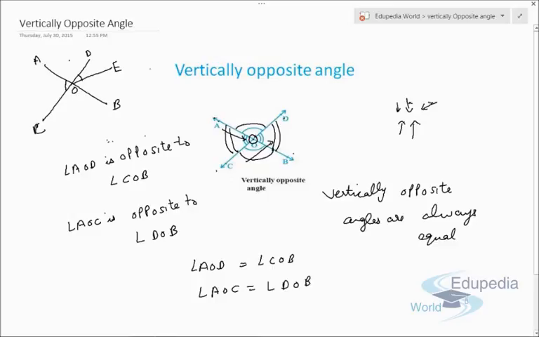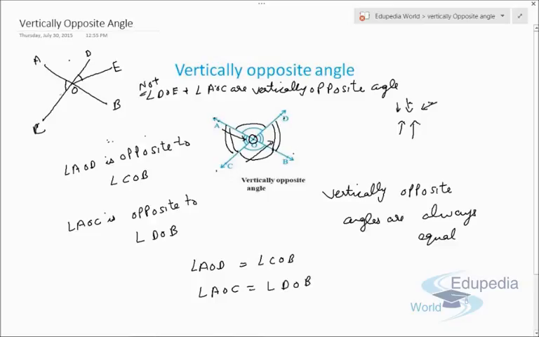Now can we say that angle DOE and angle AOC are vertically opposite angles? No, these are not vertically opposite angles.